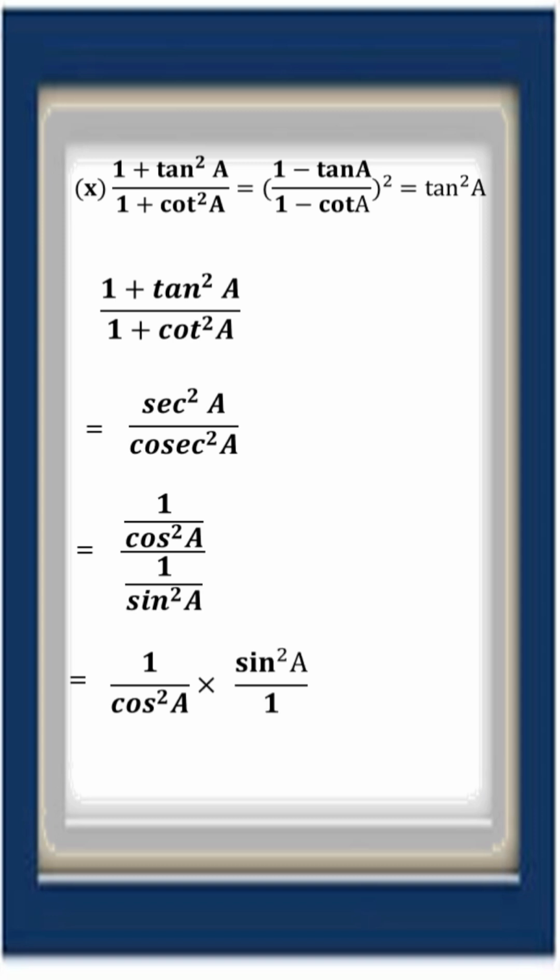So 1 by cos square A into sin square A upon 1. So this is equal to sin square A upon cos square A. What is the sin by cos ratio? It is tan. So this is equal to tan square A. Let this be equation number 1. So this part is equal to this part.